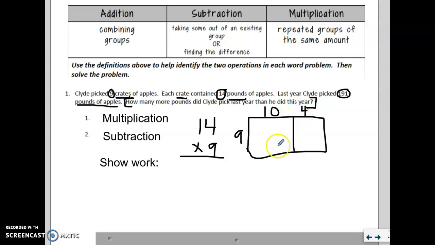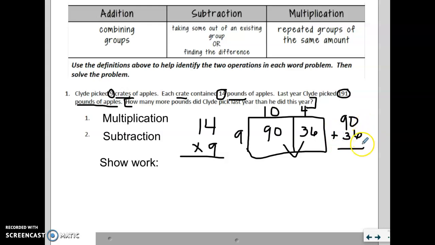Okay, and so then I'm going to do my partial products. So 10 times 9 is 90, and 4 times 9 is 36. And then remember, I have to add these two together, my two partial products. So 90 plus 36. And you might have done this a different way than me, and that is okay.